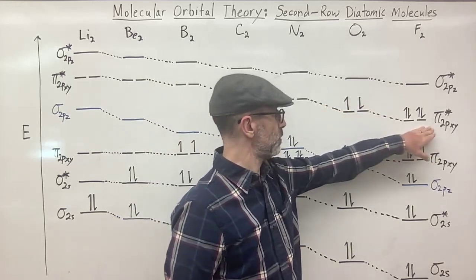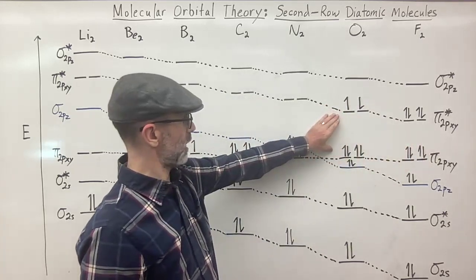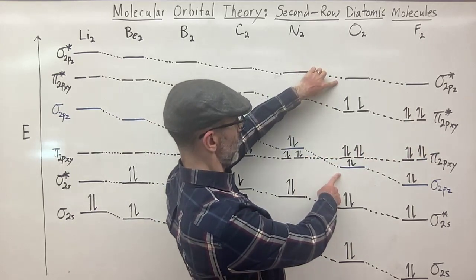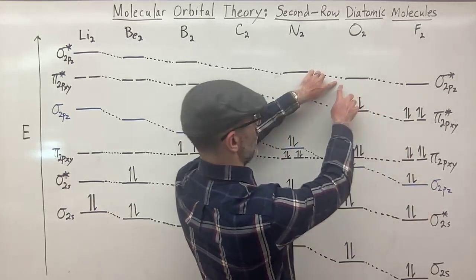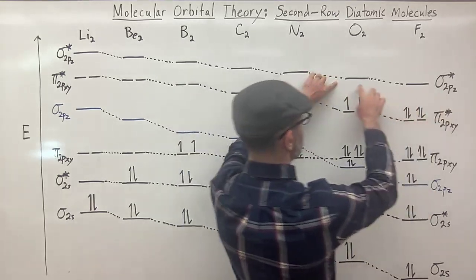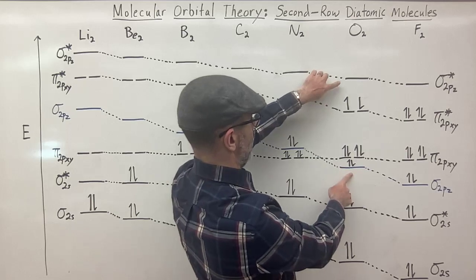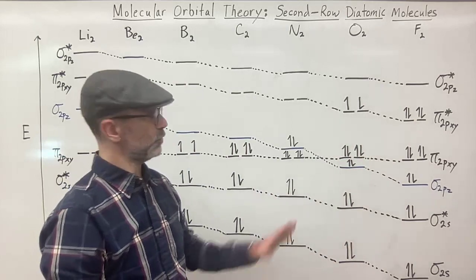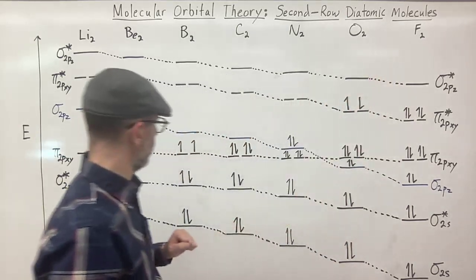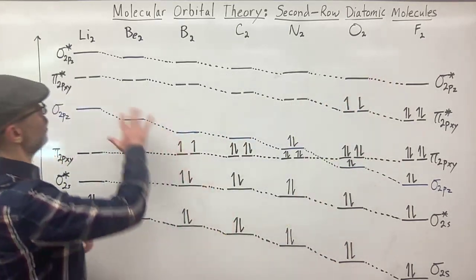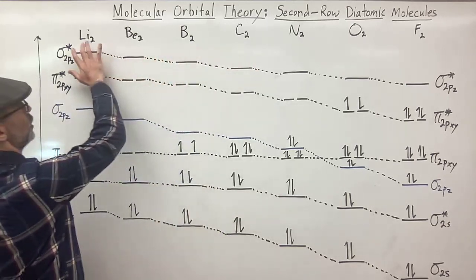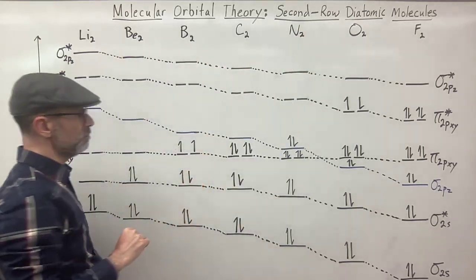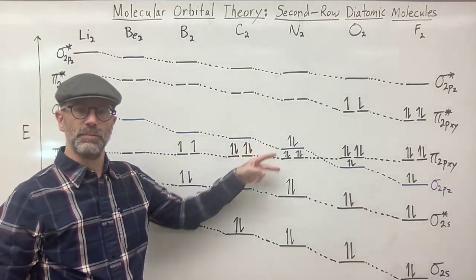The pi 2pxy antibonding and bonding molecular orbitals are between the sigma 2pz and the sigma 2pz star bonding and antibonding orbitals. So this is the order of the molecular orbitals for oxygen and fluorine, but you'll notice that for the rest of these, from lithium all the way to nitrogen, these two are flipped.